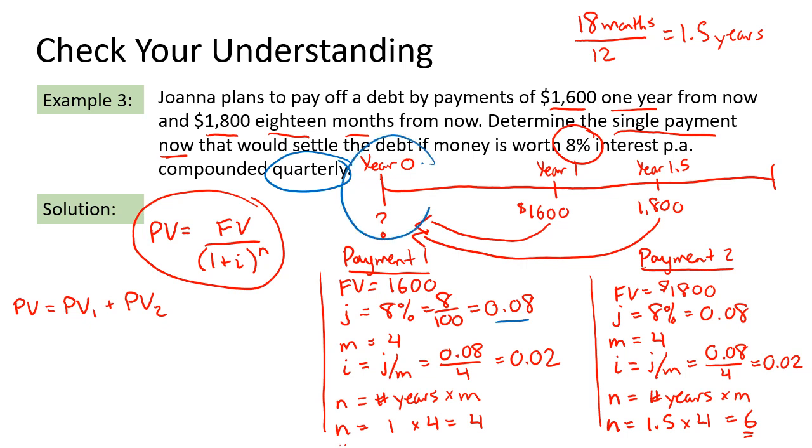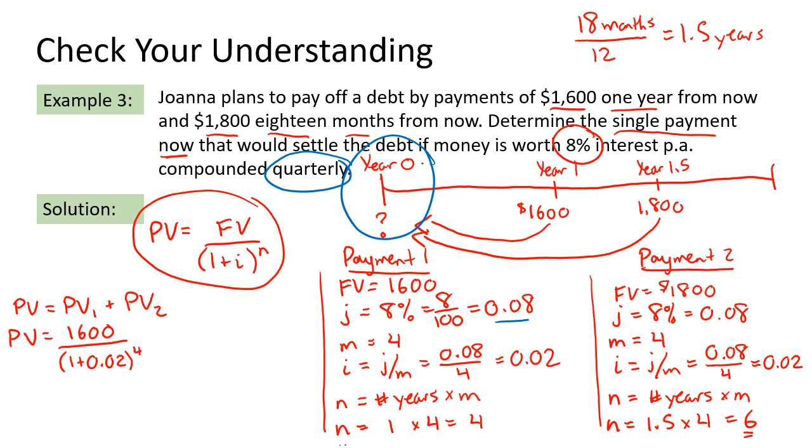Both of them are being discounted at the same period, so we can just add them together. So what I'm going to do is we can do this all in one calculation. Our present value is equal to our present value for payment 1, that's our future value, $1,600, divided by 1 plus our periodic interest rate, 0.02, raised to the exponent 4.